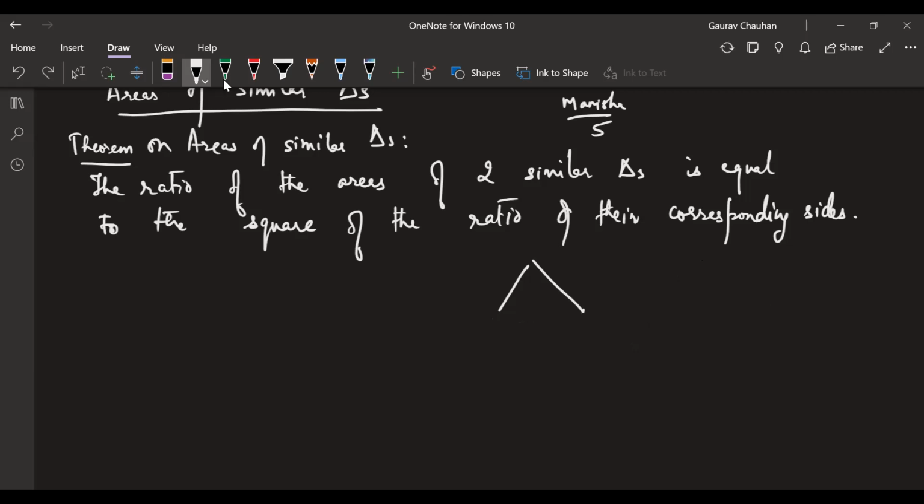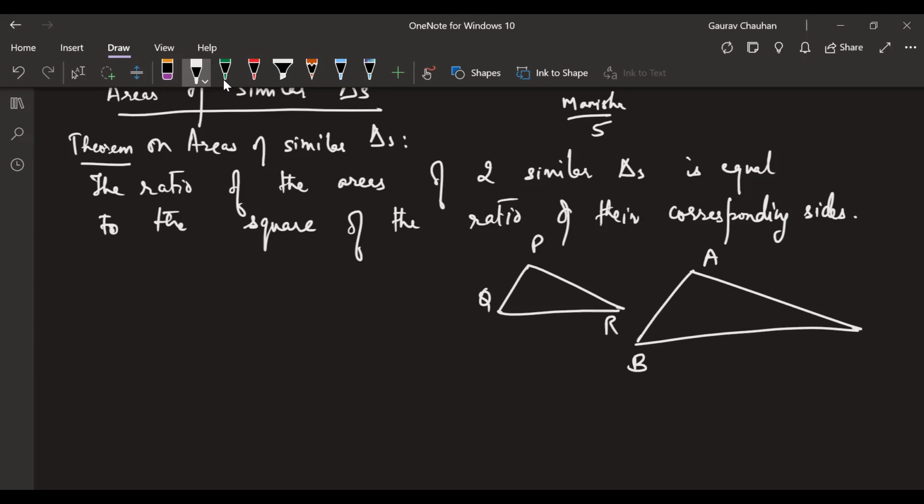All right, let me draw a little differently. These two are similar triangles. That's the only thing which is given to us. Why am I saying that's the only thing that's given to us? Because the rest of the part is something which we have to prove. This statement says when I take the ratio of their areas, which means the ratio of area of PQR by area of ABC, I know that they are similar.